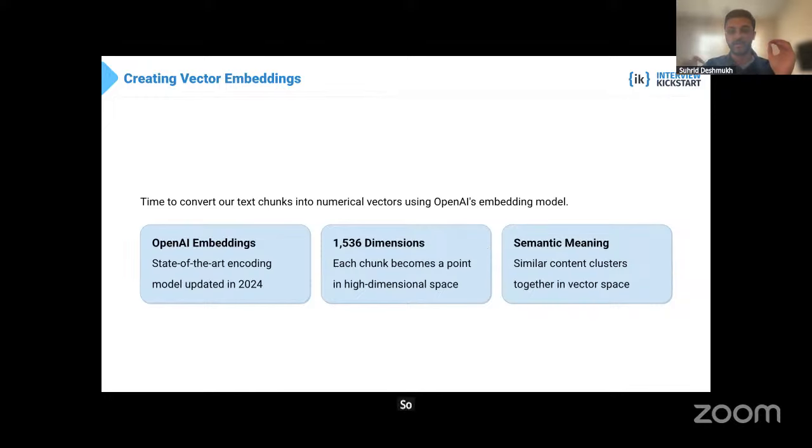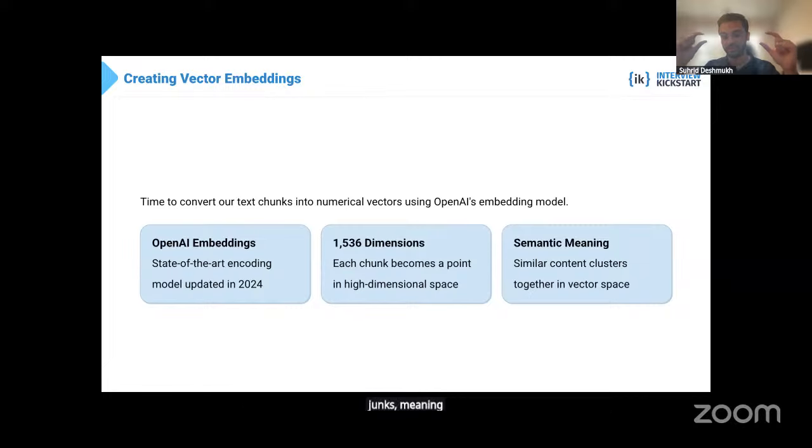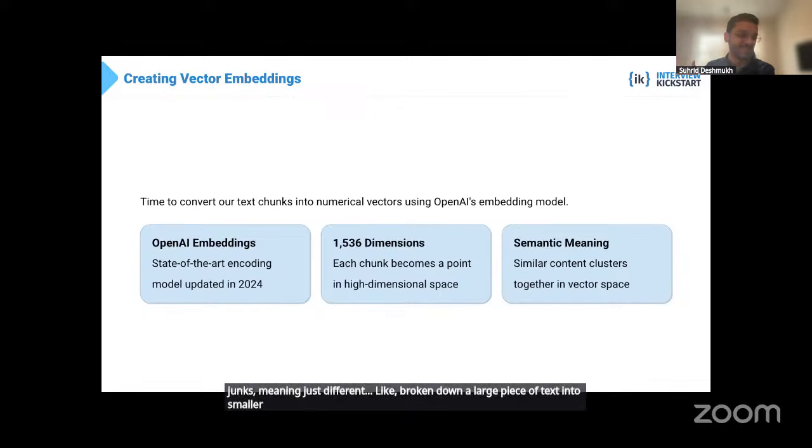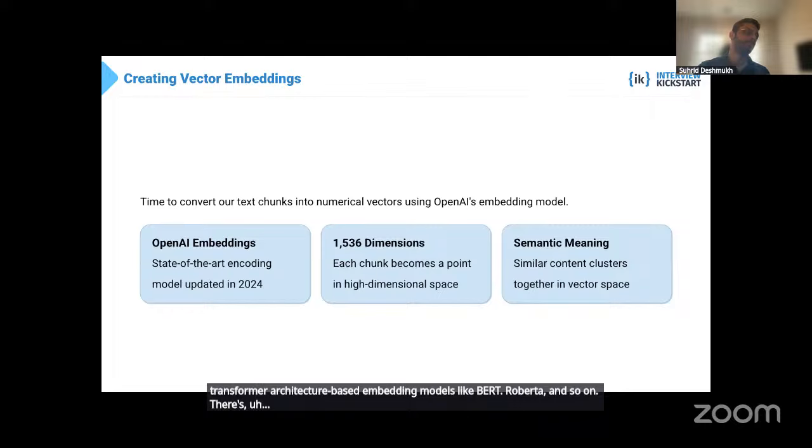So once we have our documents, once we have broken down those documents into a variety of different chunks, meaning we've broken down a large piece of text into smaller pieces of text, now the time has come to convert those small pieces of text into embeddings. And we have a variety of different embedding models also. There's transformer architecture based embedding models like BERT, RoBERTa, and so on. Before the transformer architecture, there were models like Word2Vec.